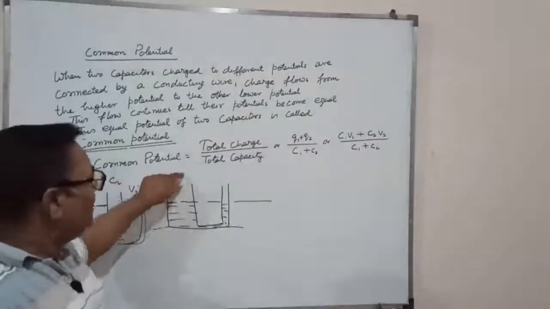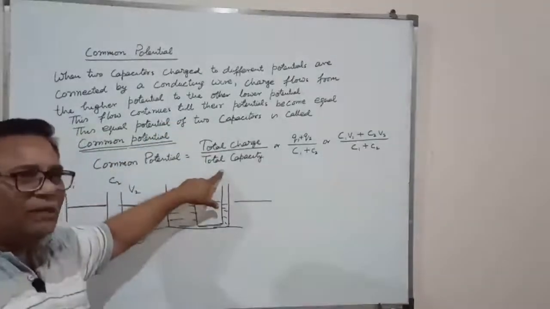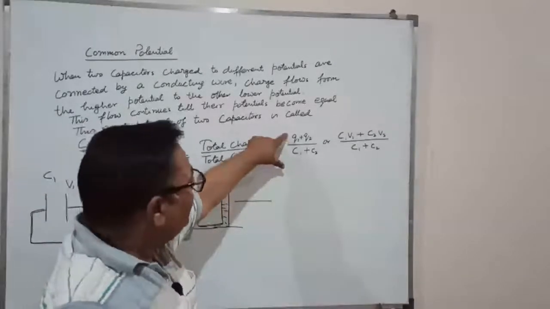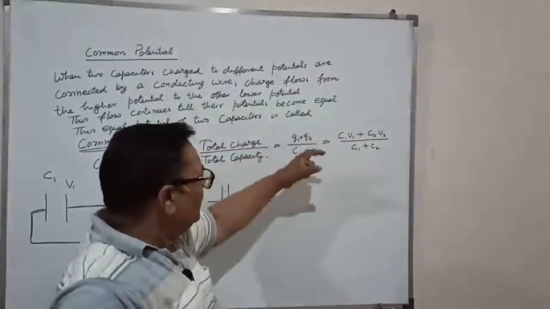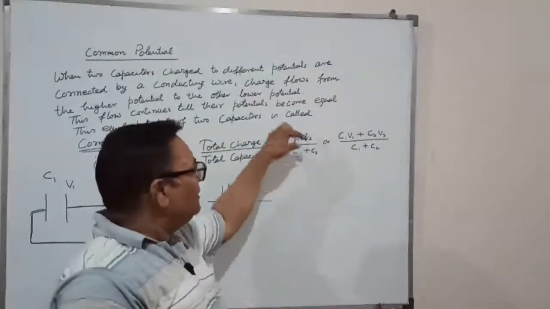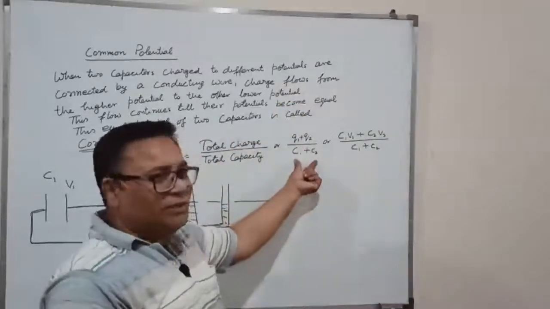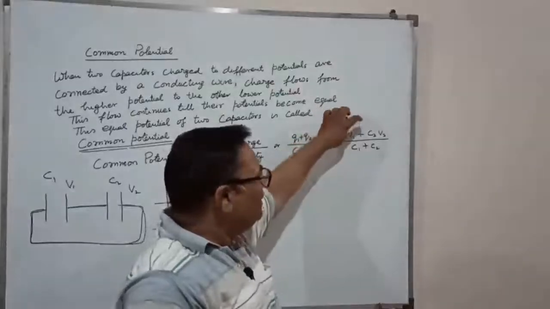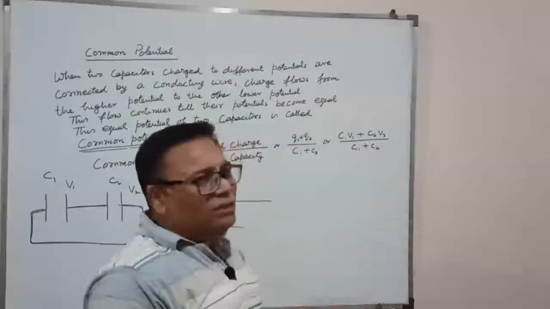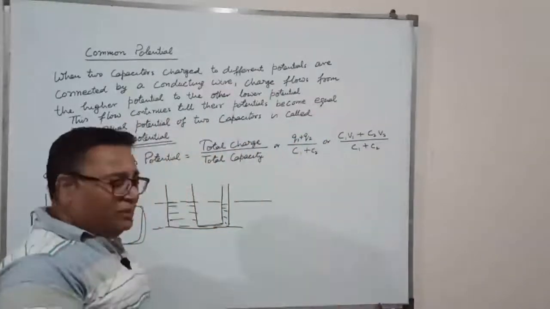Common potential means total charge upon total capacity. Q1 is the charge on the first capacitor, Q2 is the charge on the second capacitor, and C1, C2 their capacities, then the total charge upon total capacity. Charge is equal to CV, so this is (C1 V1 + C2 V2) upon (C1 + C2).